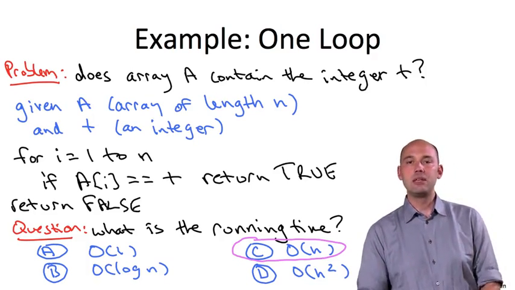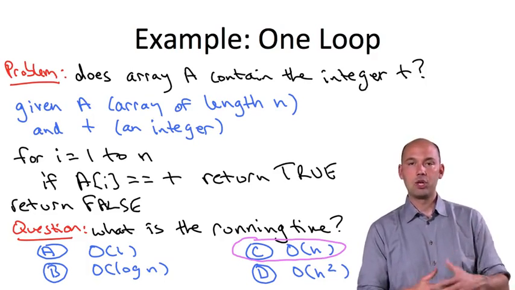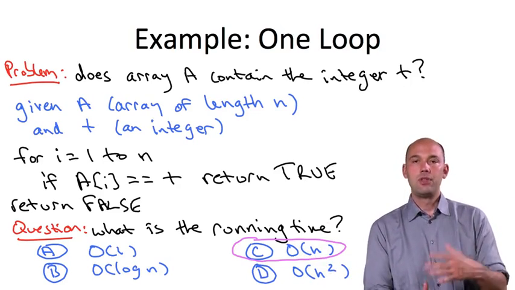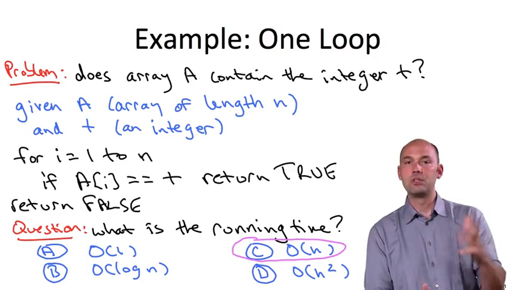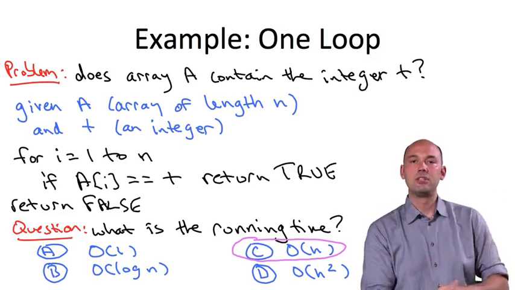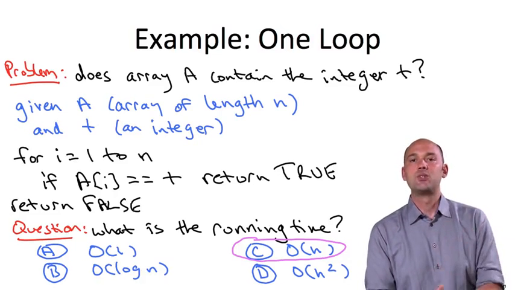But in the worst case, this code will do an unsuccessful search. T will not be in the array, and the code will scan through the entire array A and return false. The number of operations then is a constant. There's some initial setup perhaps, and maybe it's an operation to return this final Boolean value. But outside of that constant, which will get suppressed in the big O notation, it does a constant number of operations per entry in the array.